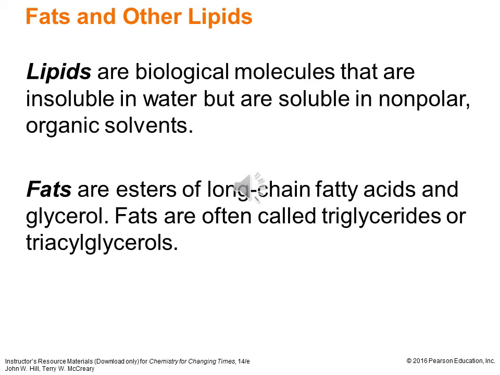Each of those OH groups can undergo condensation polymerization with a fatty acid to form a triglyceride. So that's what we'll be looking at here for these high energy storage molecules known as fats. Of course, fats get a bad rap.